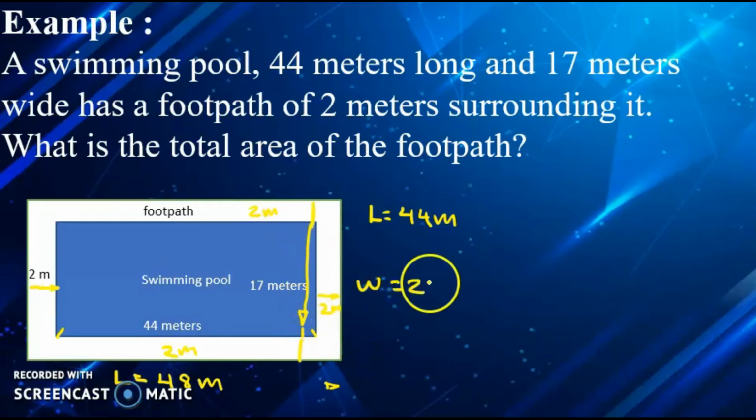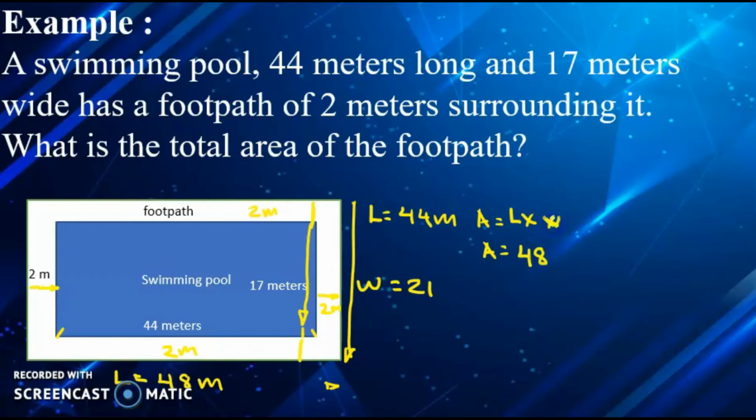Okay? So, that is 21 meters mula doon hanggang dito. Okay? So, area, total area nito, itong buong area, that is length times width. Okay? So, area is equal to 48.